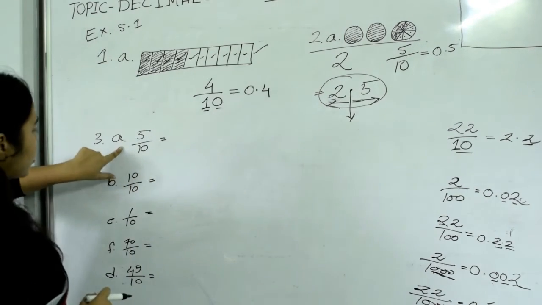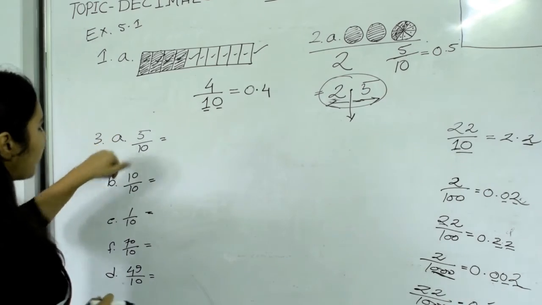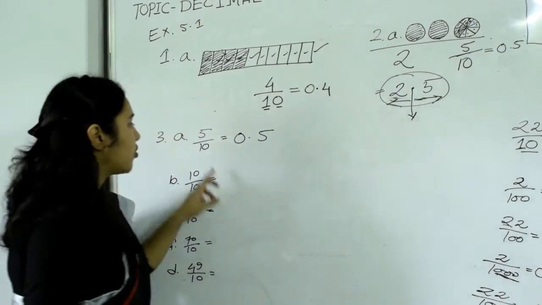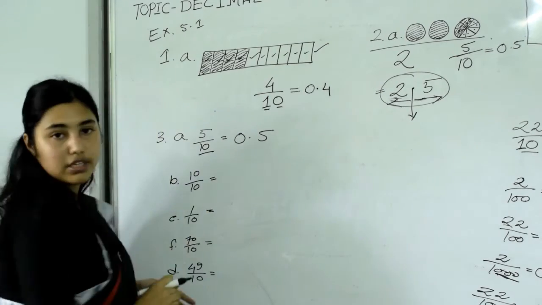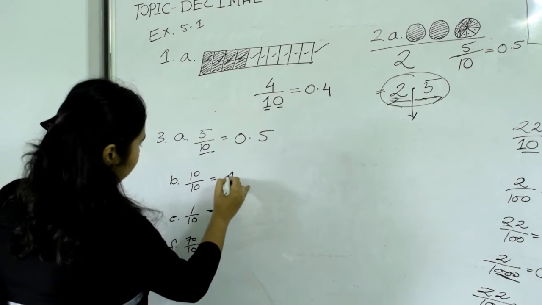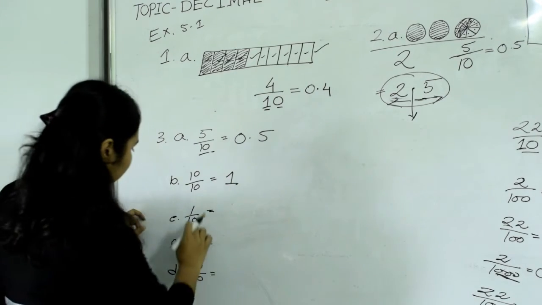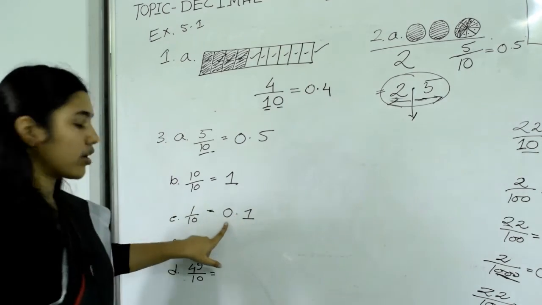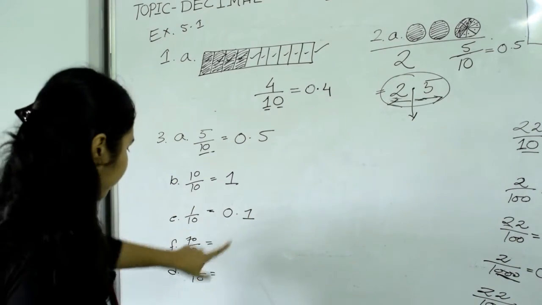Next, question number 3. Divide 5 by 10. 0.5. Why? Because here in the denominator we have 10. Next, 10 by 10 is equal to 1. Next, 1 by 10, 1 tenth, or we can call it 0.1.